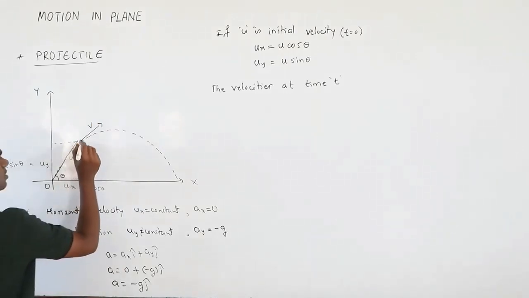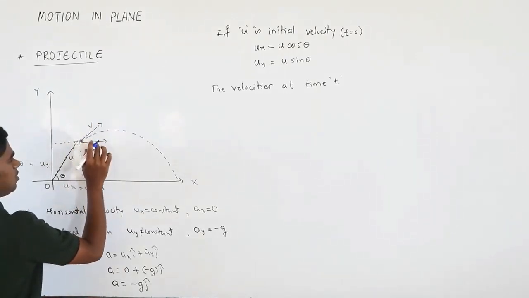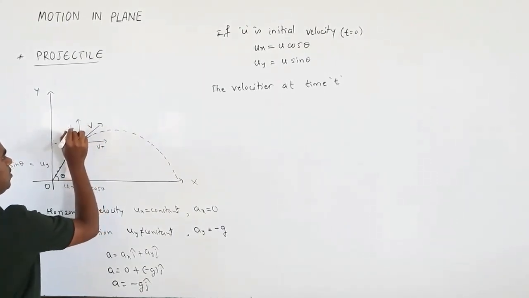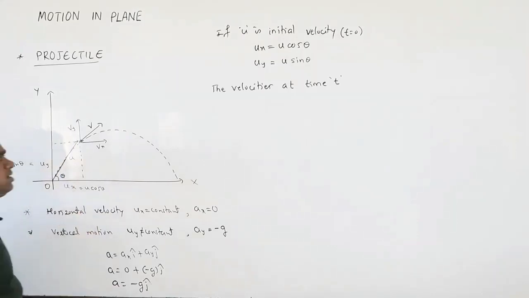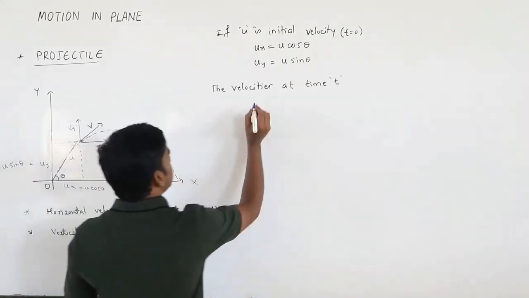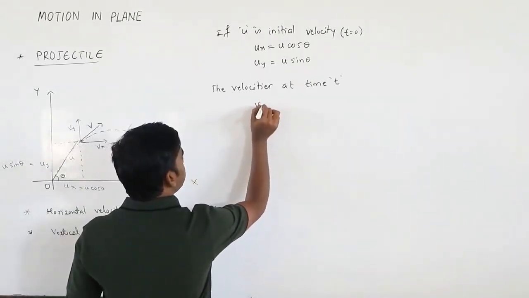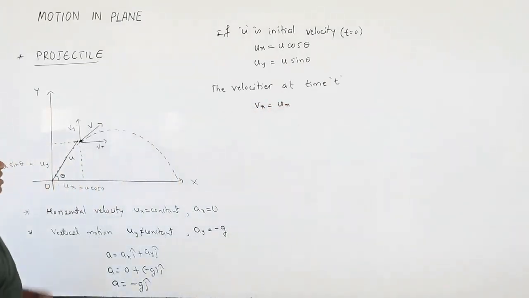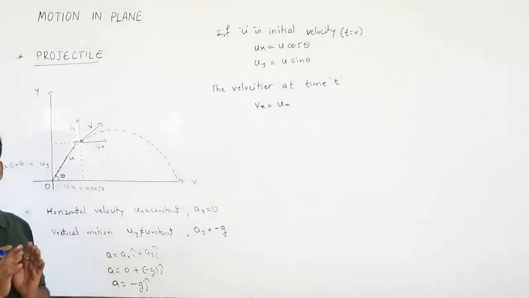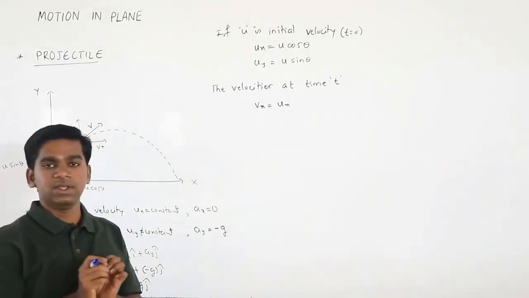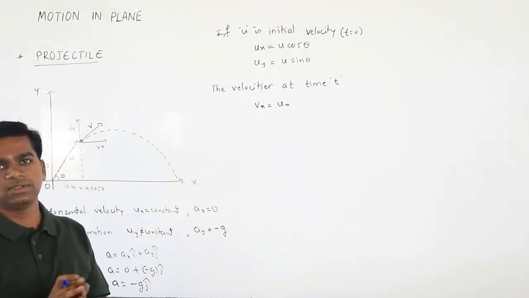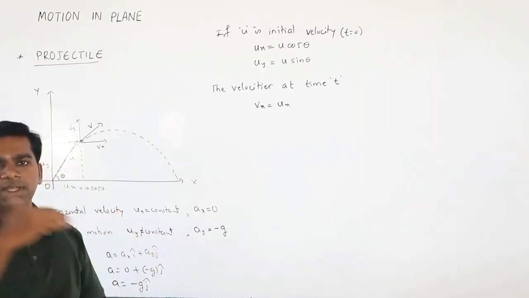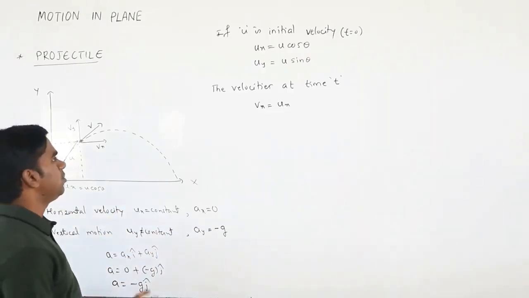You already know that this is vx and this is vy. vx you can simply write as ux. Why? Because horizontally the velocity is not going to change. That is our assumption. We are neglecting air resistance, so whatever velocity you are given, the body keeps moving with that same velocity.